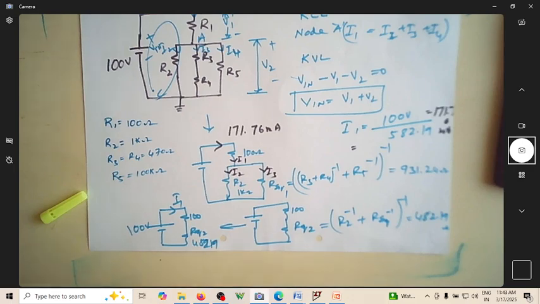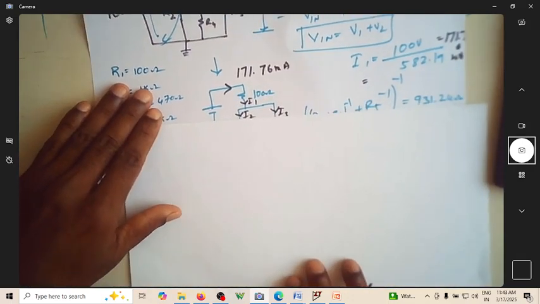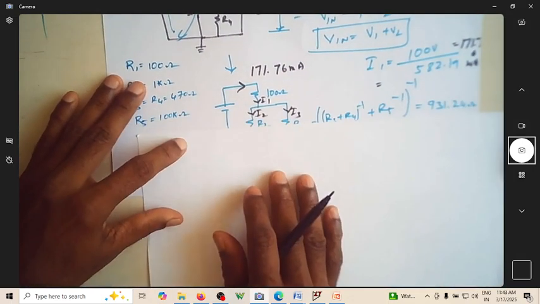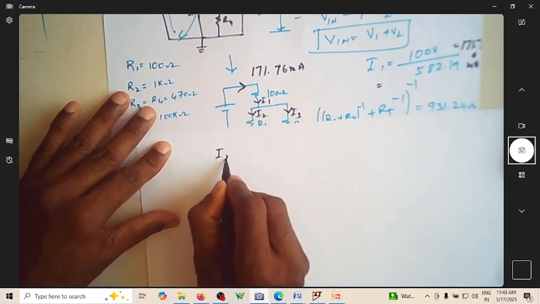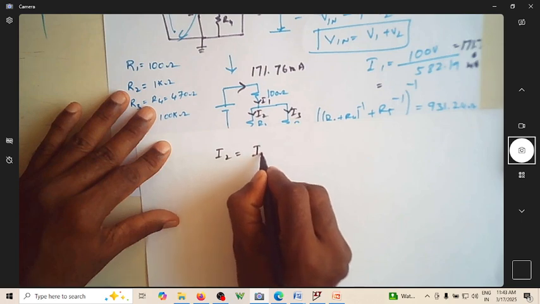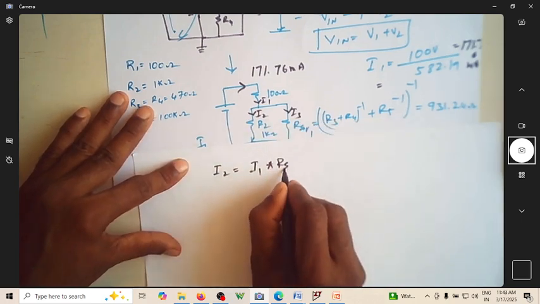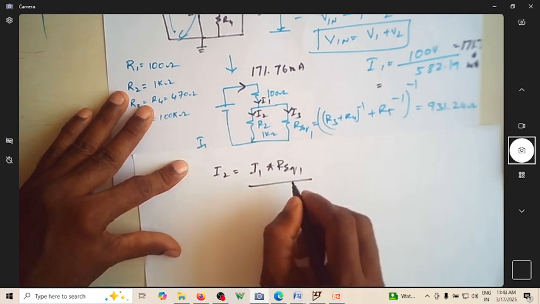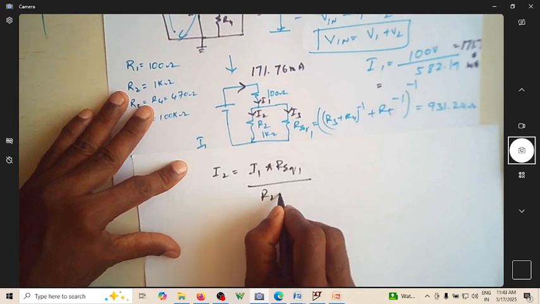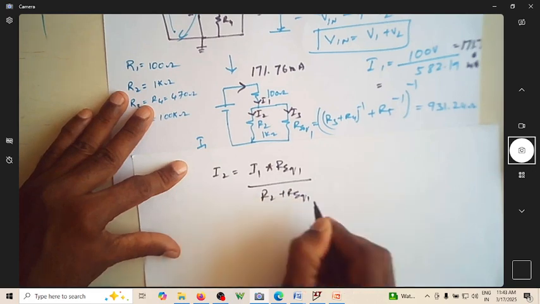So what is I2? I can write, as per this, I2 is equal to I1 multiplied by the resistance of the other arm, which is R equivalent 1, divided by R2 plus R equivalent 1.